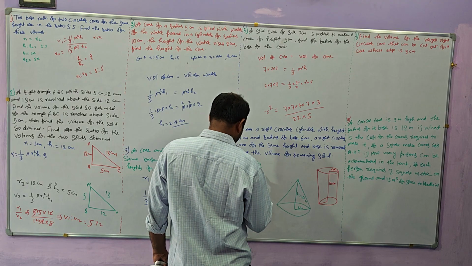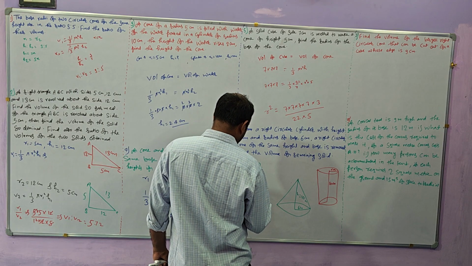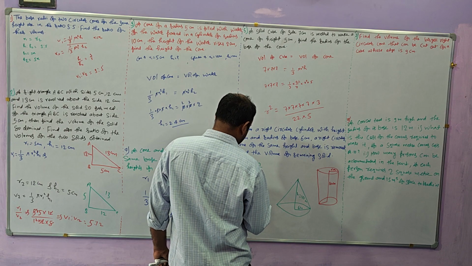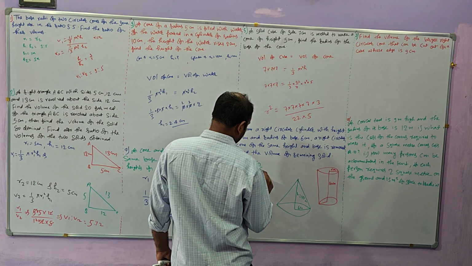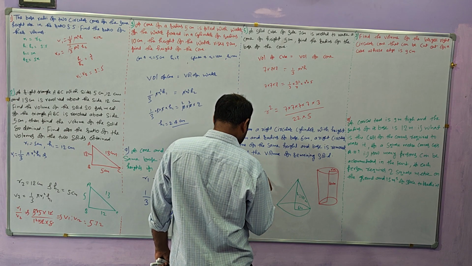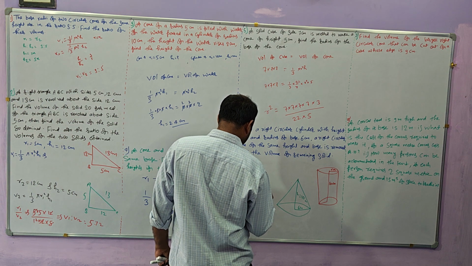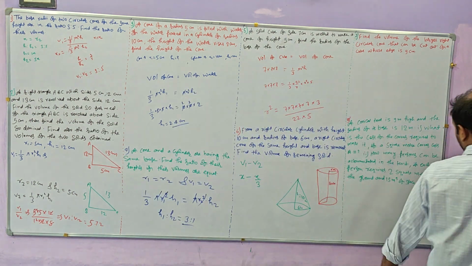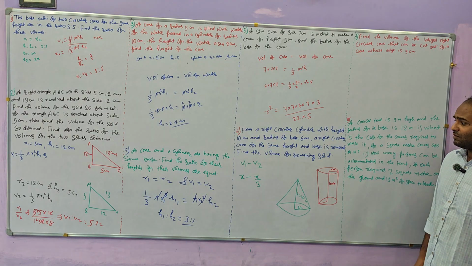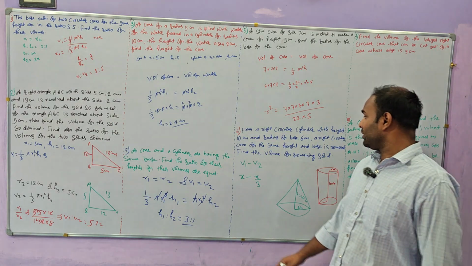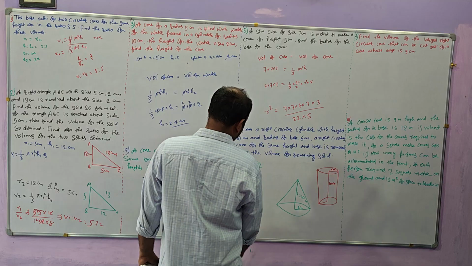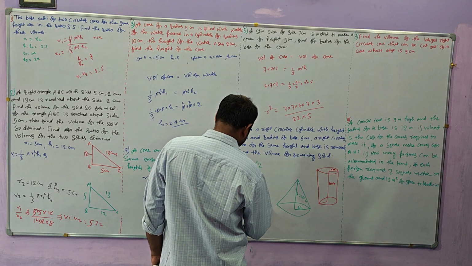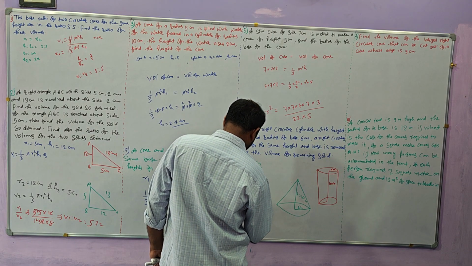Let the volume of the cylinder be X, and the volume of the cone is X upon 3, because we know the volume of a cone is 1/3 of the volume of the cylinder. So X minus X upon 3 becomes 2X upon 3.